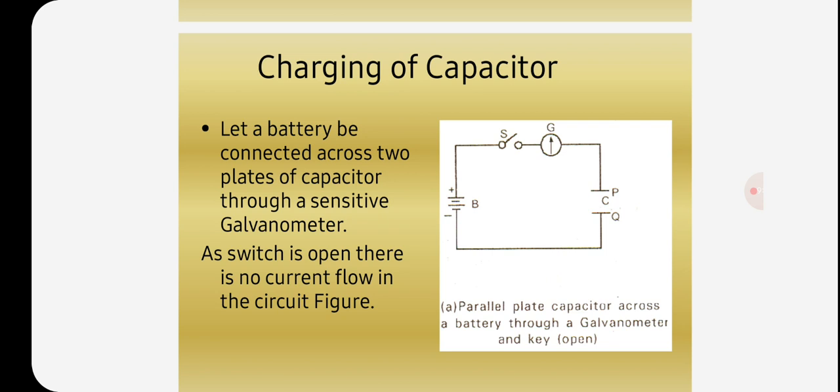So in this figure the switch is open, and there is no deflection in the galvanometer. This is the parallel plate capacitor across a battery through a galvanometer, and the key is open. P and Q are the capacitor conductors, C is the dielectric medium, and B is the battery.